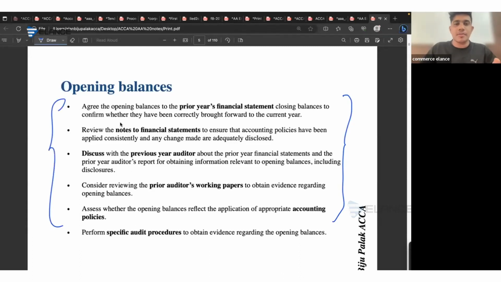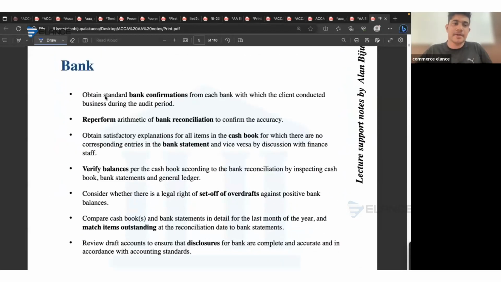Either you will get a direct question about the procedures to test the opening balance, and you can give these points, or you get a scenario which states that it's a new client and asks what other procedures the auditor should perform in the initial planning stage. In that case, you might be testing the opening balance. You can consider it in that manner.